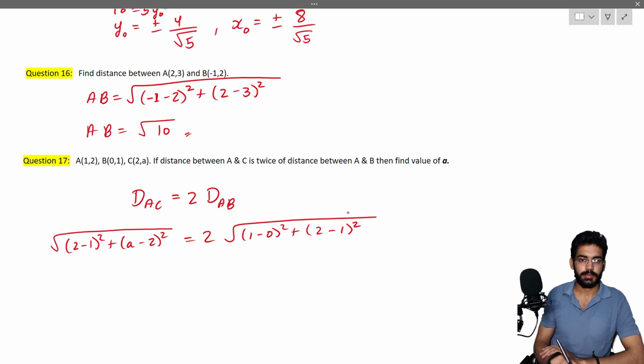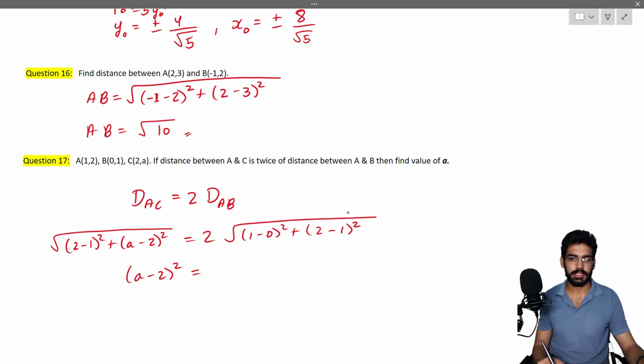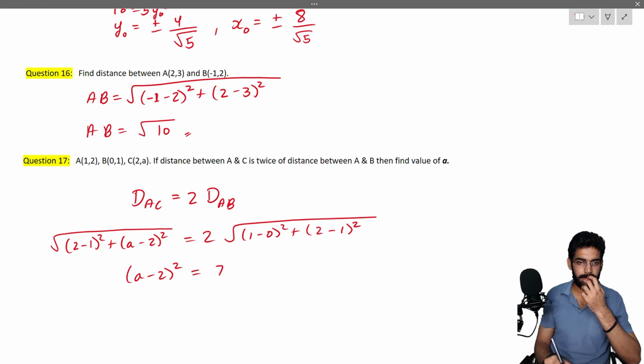So from here if you solve, you will get (a minus 2) whole squared equals this. If you square both sides and solve, 1 squared plus 1 squared is 2, 4 into 2 is 8, 8 minus 1 is 7, right? So you have 7. If you take the under root on both sides, a minus 2 is equal to plus minus root 7.